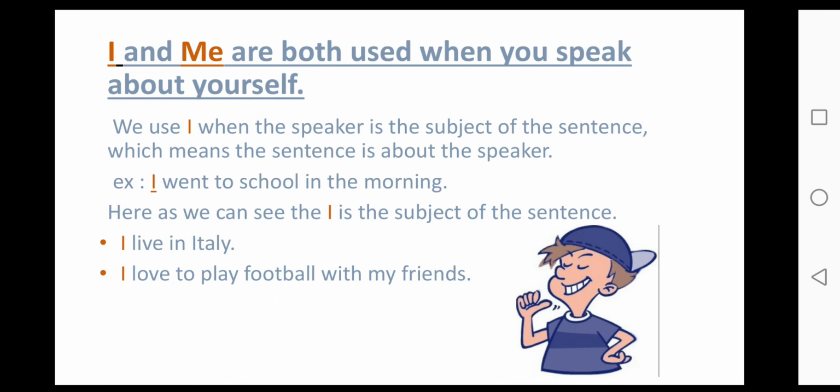Now, here as we can see, I is the subject of the sentence. What do I mean when I say that it's the subject of the sentence? The subject means that the speaker is either doing the action, doing the verb, or the sentence talks about the speaker. Okay?